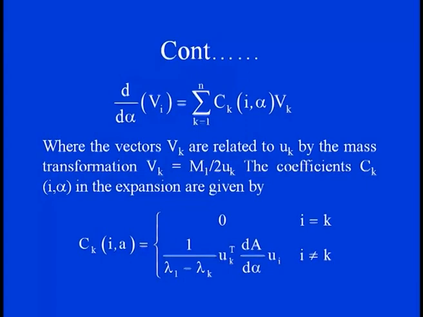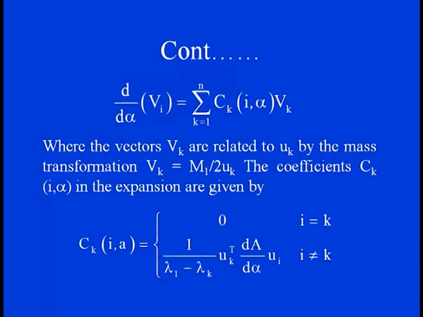So c is i comma alpha, vk, and vk is based on the mass transformation. So we can calculate vk as Mi divided by 2 uk, and ck depends on the i comma alpha.